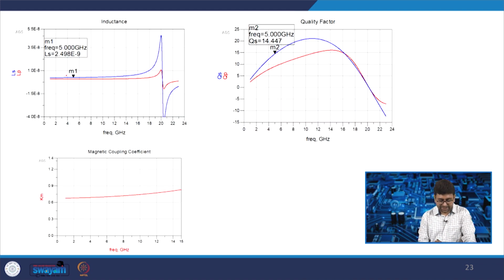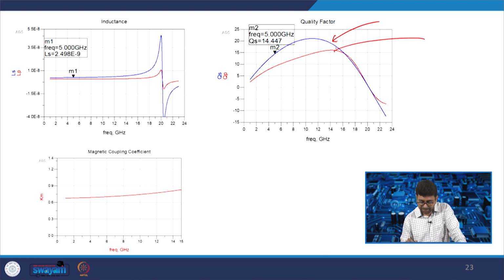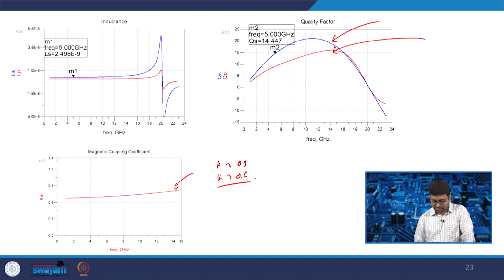Your inductance Ls and Lp are almost equal at the desired frequency. In the quality factor curve, blue is for secondary and red is for primary, and then there is the magnetic coupling coefficient K, which is important. It is very difficult to get a coupling factor in the range of 0.9 or 1, but more than 0.6 can be achieved by using an on chip transformer.